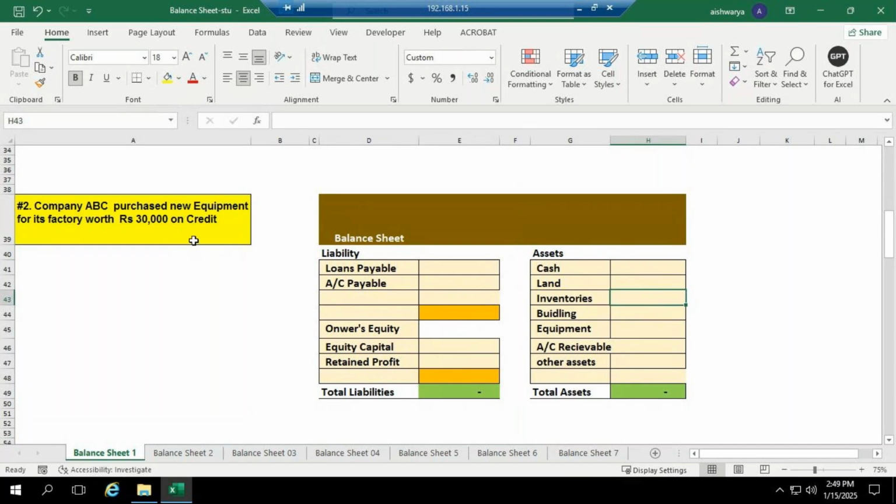On credit, we have to add to accounts payable 30,000 again. Like that we have to do the adjustments over here. So understood till here? Any doubts?